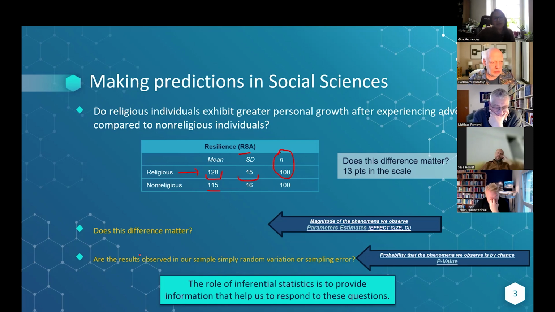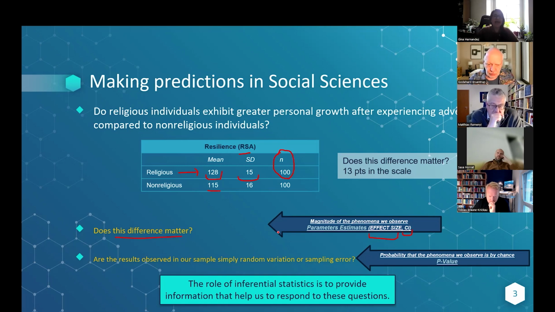So if I want to answer if this difference matters, then I care about the magnitude of the phenomena that we are observing. And for that, I use the effect sizes and the confidence interval in order to know how strong is the effect, how big is the change in resilience in religious individuals versus non-religious.